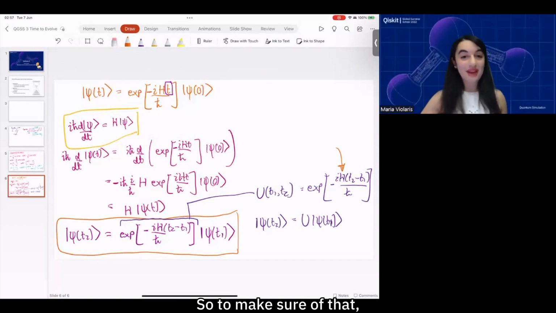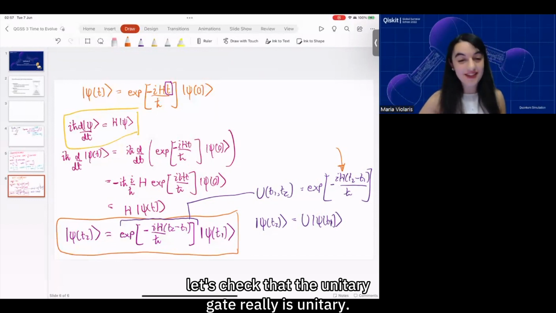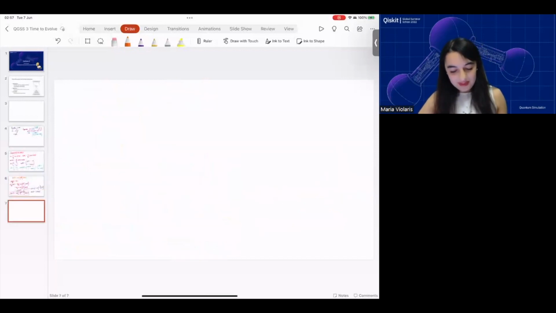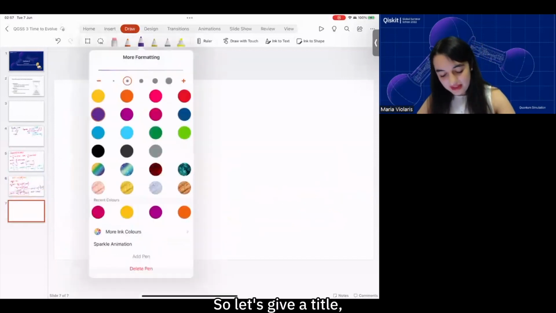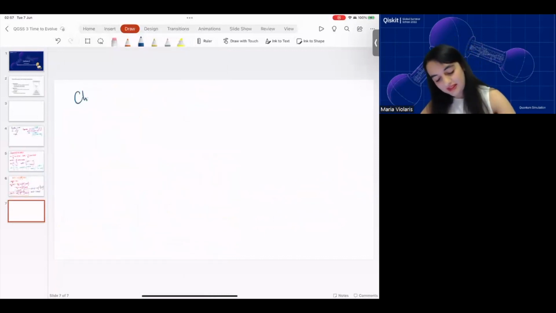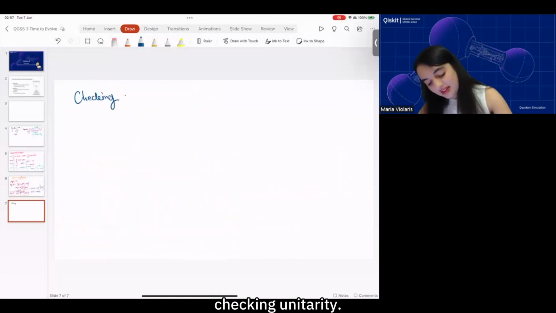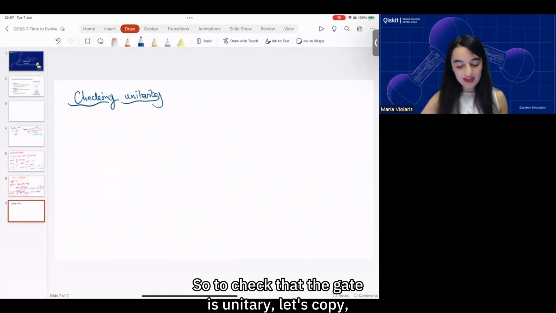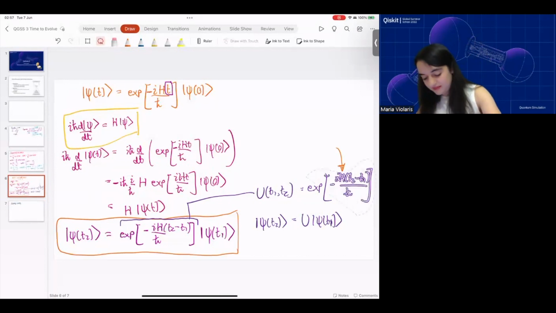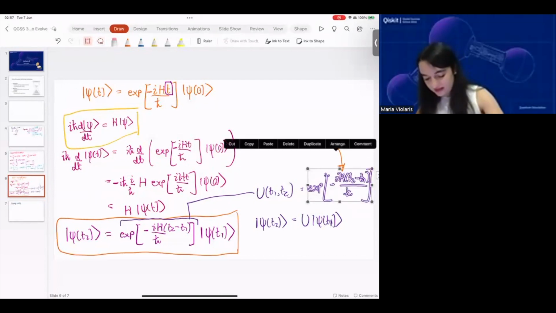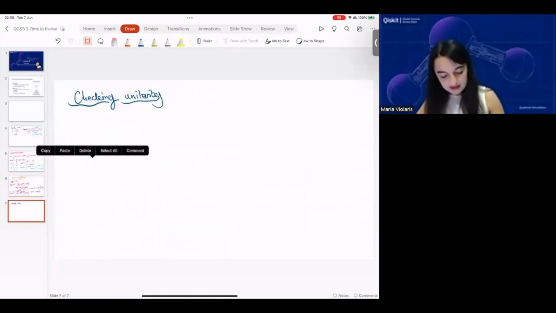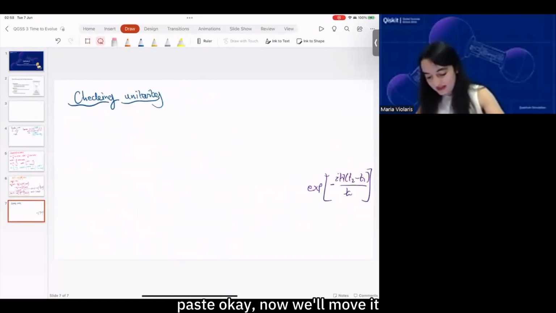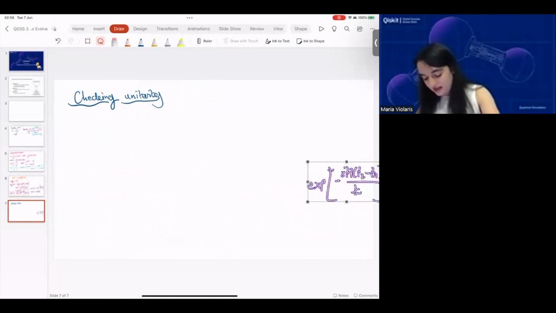So to make sure of that, let's check that the unitary gate really is unitary. Let's give a title: Checking Unitarity. So to check that the gate is unitary, let's copy, paste, and move it over here.